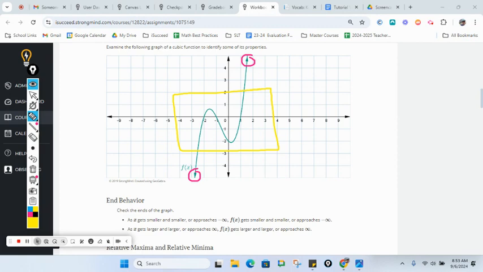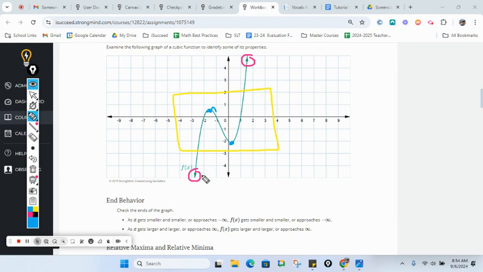So if I were just to focus on this piece right here, then I can kind of hone in and say, hey, I see two little humps. I see a hump here where I can think to myself, oh, that's probably going to be a maximum. This is a minimum. And to describe those maximums and minimums, we say a relative maximum and minimum. They're not absolutes because, again, they go up forever, down forever.